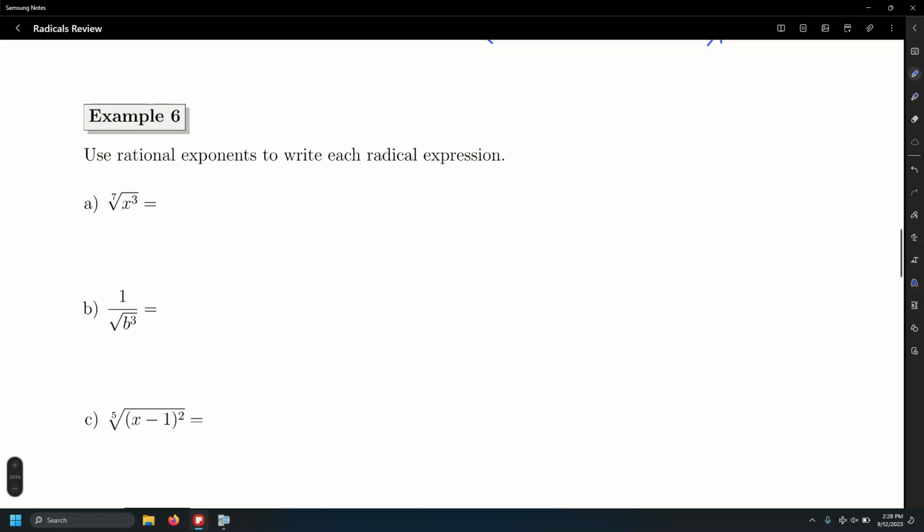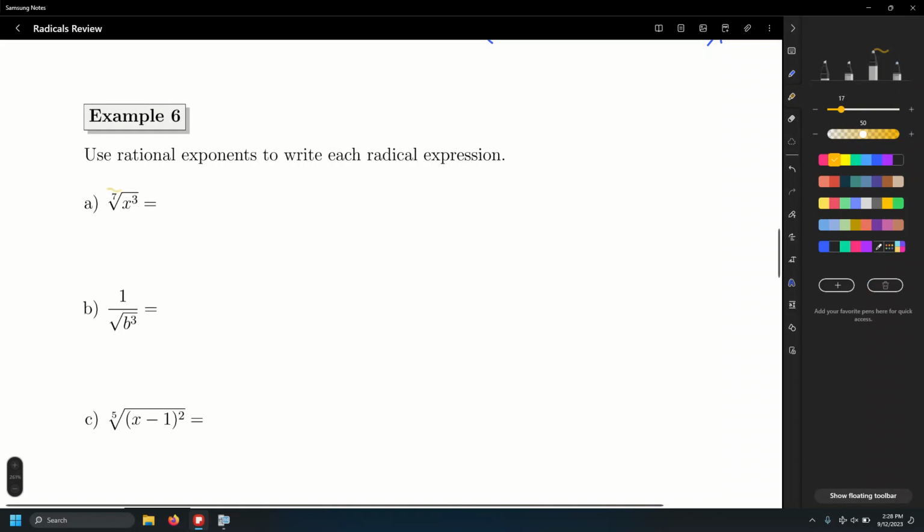Keep in mind that in the same way that the denominator of a rational exponent is the index, thinking of it backwards, the index of the radical is going to be the denominator. So all we do here is x, 3 is the numerator, and the denominator is 7. Let me highlight it so you can see how it's the denominator, really the index of this radical.